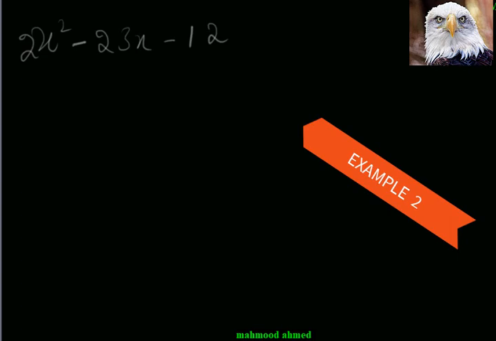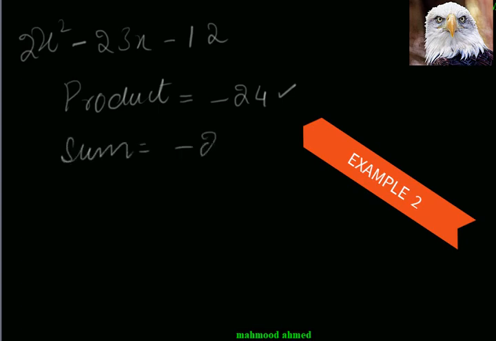And this is again a quadratic expression, already written in descending order, and you see the product is minus 24. If you multiply the coefficients of the outside terms, this is minus 24, and the sum is the coefficient of the central term, and this is minus 23.